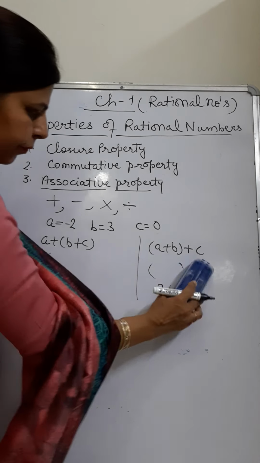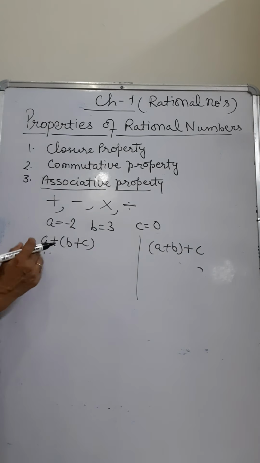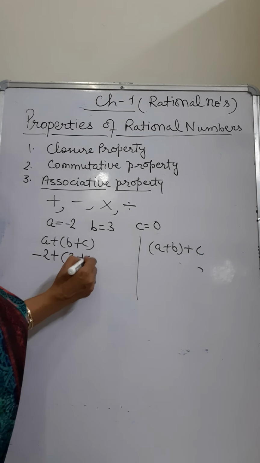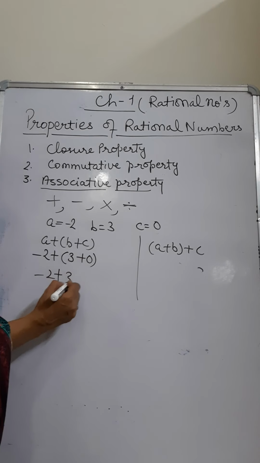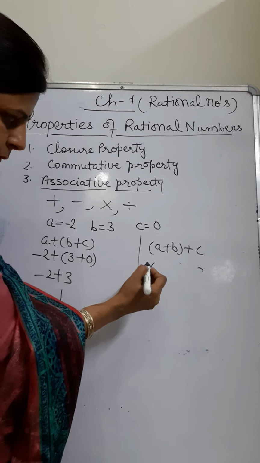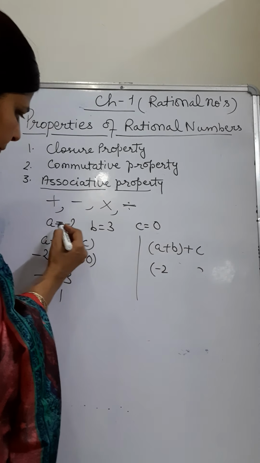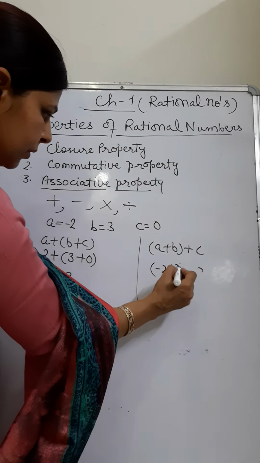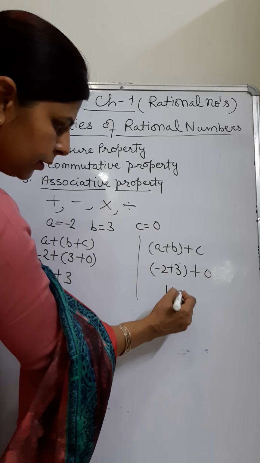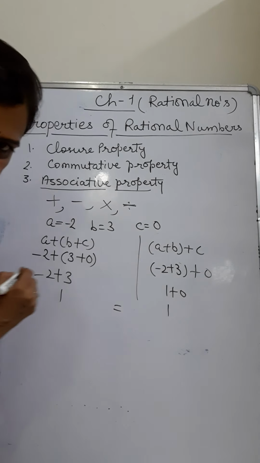Now see, -2 plus 3 plus 0, the result will be 3 minus 2, 1. And here, if I am changing their order, -2 plus 3, again plus 0. 3 minus 2 is 1, 1 plus 0, again 1. Again the result is the same.